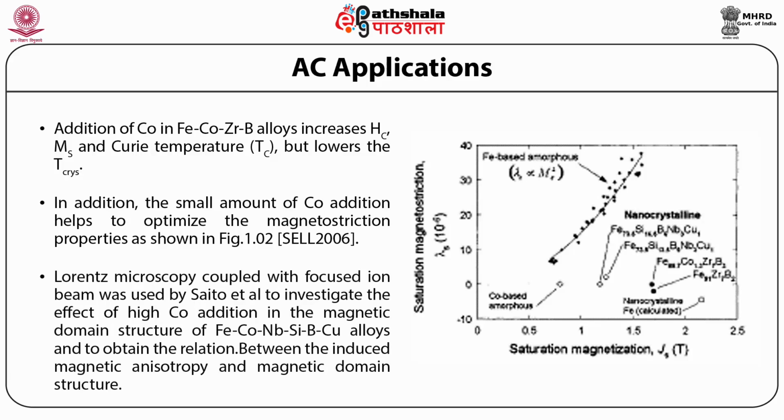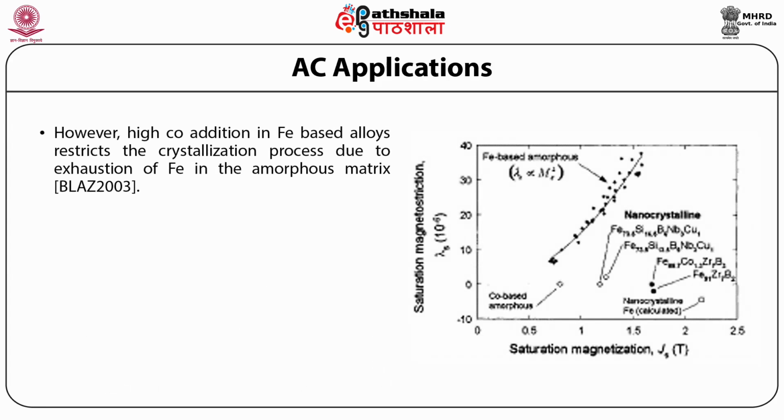Lorentz microscopy coupled with focused ion beam was used by Saito et al. to investigate the effect of high cobalt addition in the magnetic domain structure of iron, cobalt, niobium, silicon, boron, copper alloys, and to obtain the relation between the induced magnetic anisotropy and magnetic domain structure. However, high cobalt addition in iron-based alloys restricts the crystallization process due to exhaustion of Fe in the amorphous matrix.